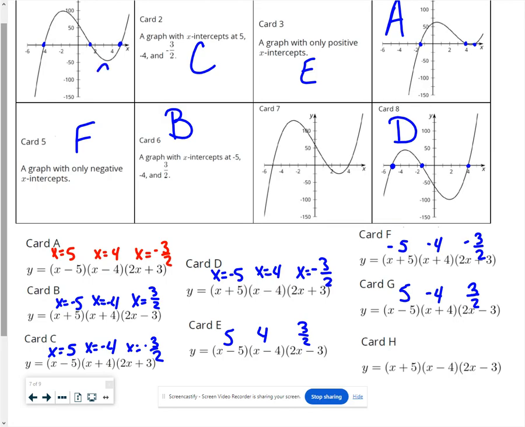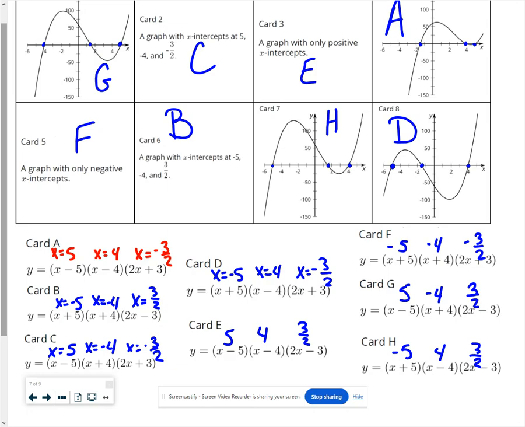So that's going to be card G right there. All right, we only have 1 left, so hopefully this is going to work. We've got -5, +4, and +3/2. So we just flip the signs on those first 2 answers, -5, +4, and 3/2. So that's going to be card H. Okay.